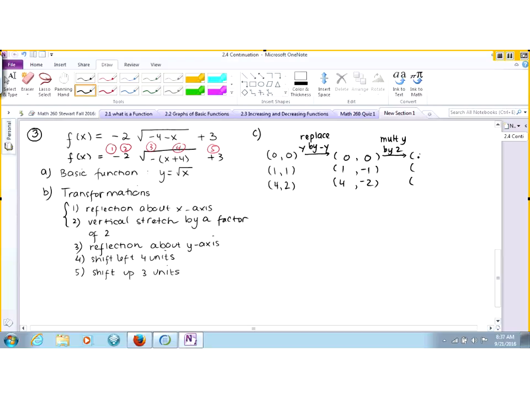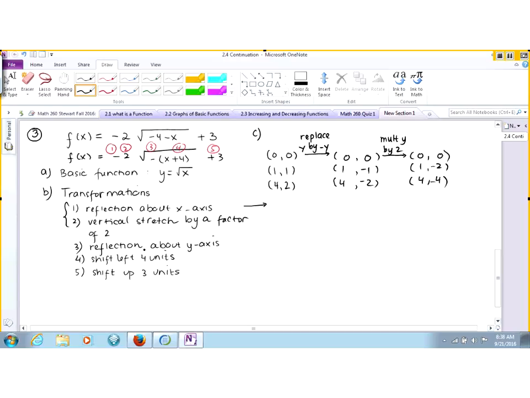Multiply y by negative 2. So here, 0, 1, 4, copy the x, and then this will be 0, 2, 4. Okay. So far, so good? Wouldn't it still be negative 2? Yes, it will still be negative 2 and negative 4. Thank you. No, I completely forgot. I was multiplying it by negative 2.